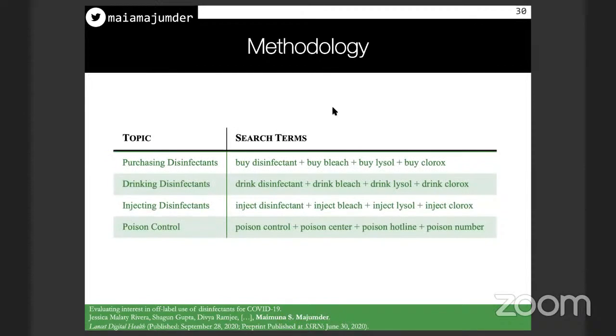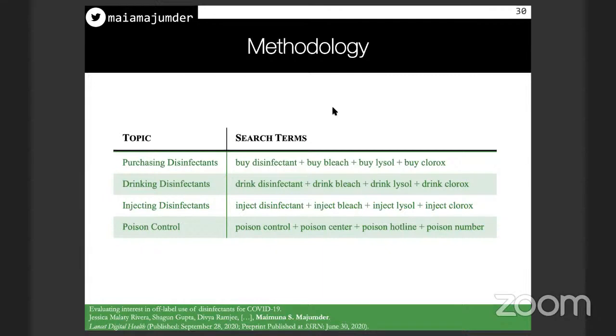With our initial search query analysis under our belts, we curated a set of search terms to represent 4 topics of interest: purchasing, drinking, and injecting disinfectants, as well as poison control, a proxy indicator for possible poisonings following the off-label consumption of disinfectants. As is clear from the search terms considered, we chose to focus on the 3 most popular disinfectants that appeared to peak around April 23rd: Lysol, bleach, and Clorox.